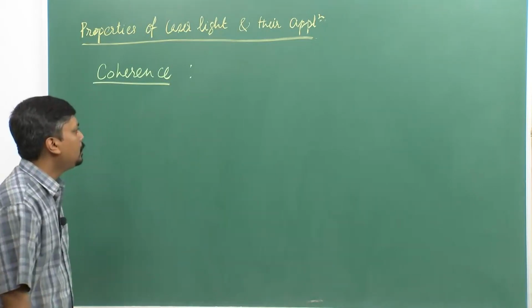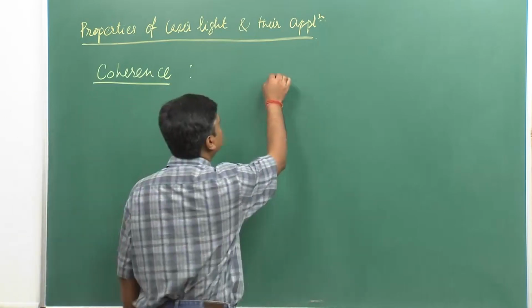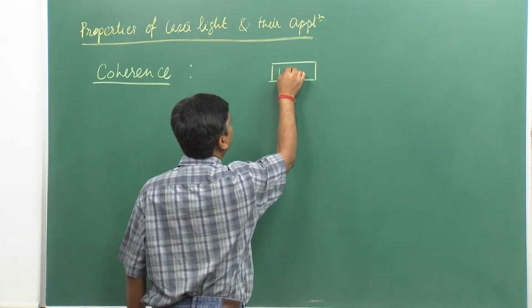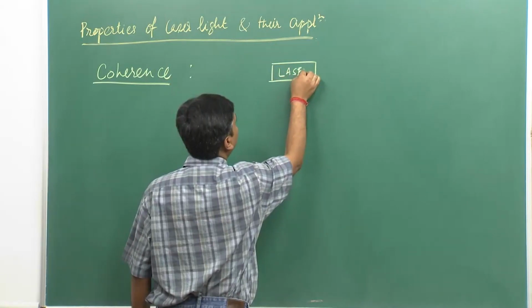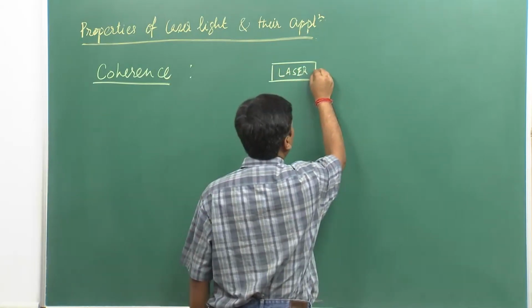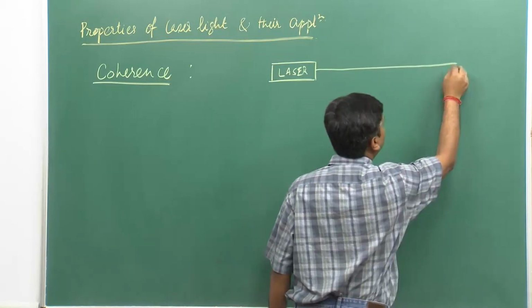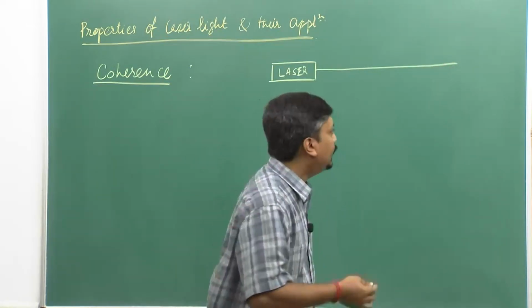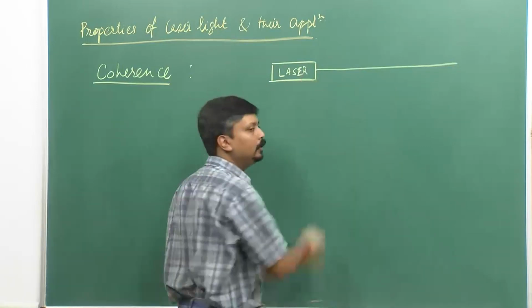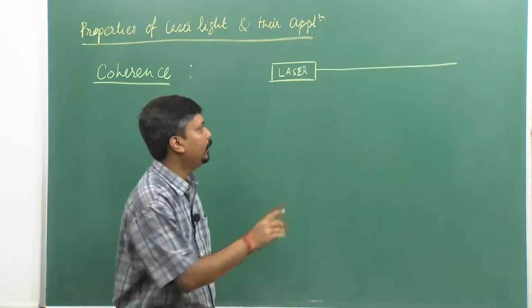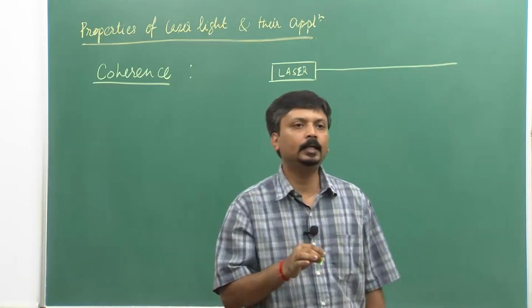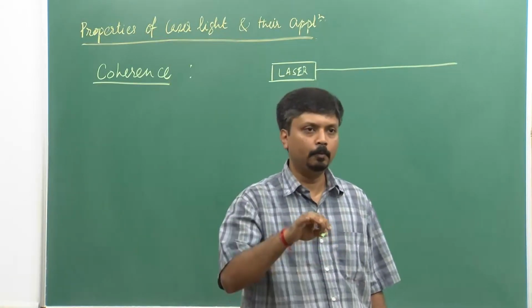Now if I take a device which is a laser, and then we allow the light to come out and propagate. We say that okay, when it generates, it is coherent at the beginning. Now we have looked at one property, that is directionality and beam width, right.